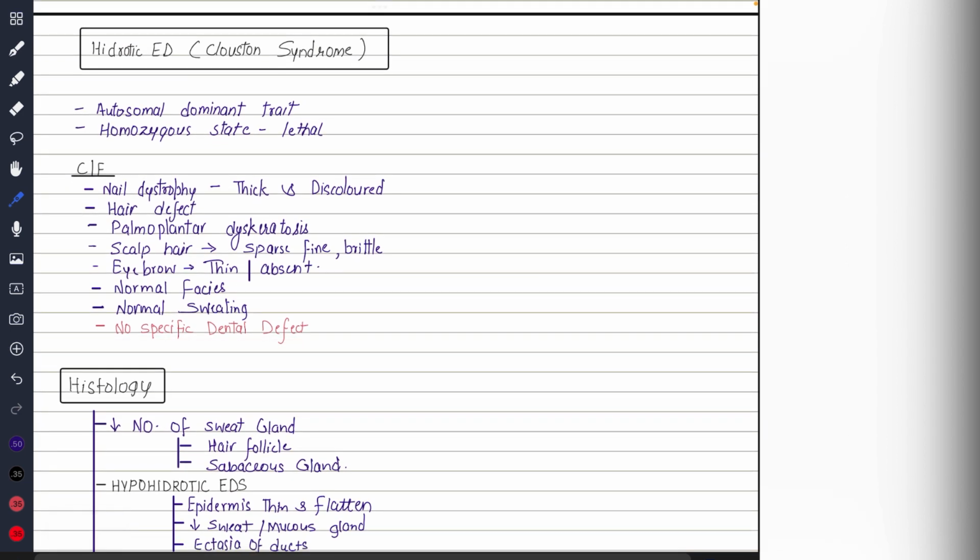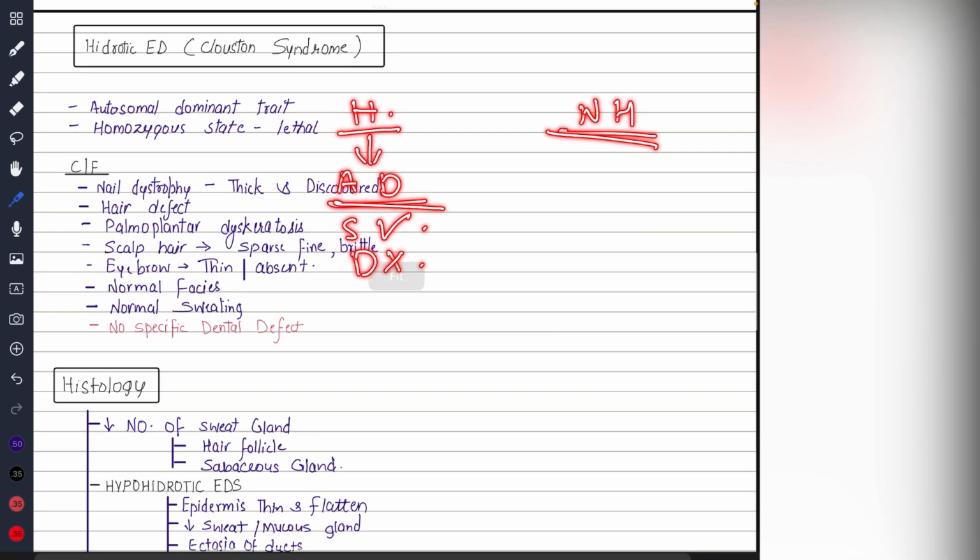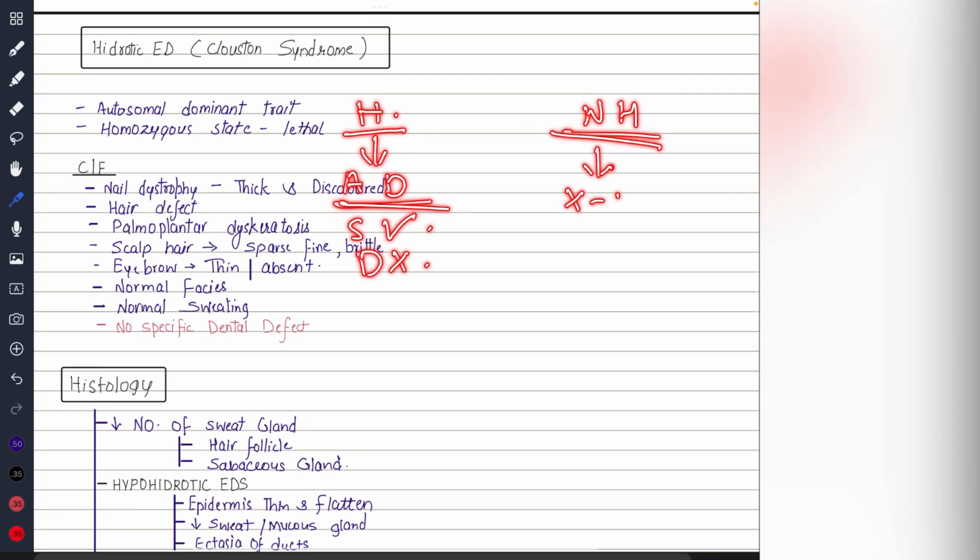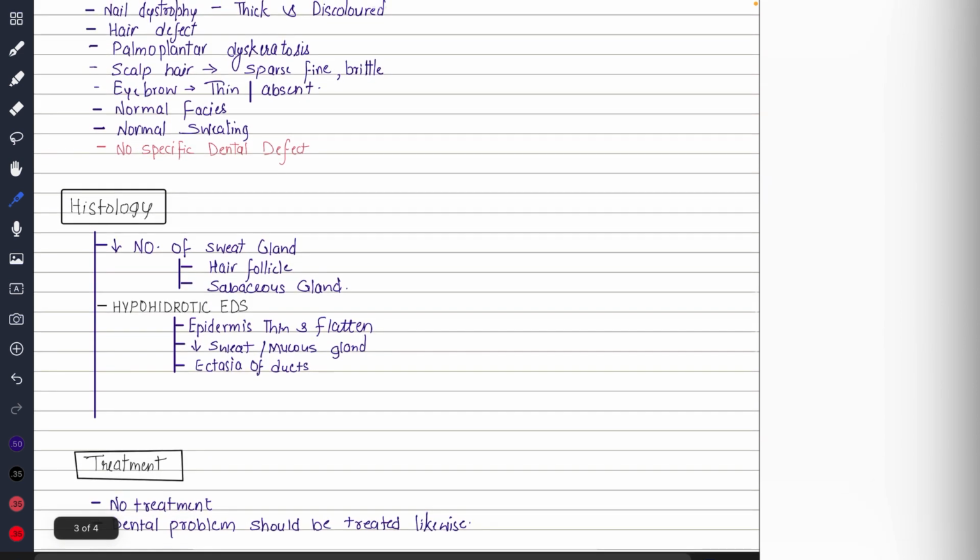So if you want to sum up hydrotic versus non-hydrotic: hydrotic is autosomal dominant, sweating will be present, no dental problem. In the non-hydrotic, it is X-linked recessive, sweating will be absent, and there will be dental problems. Very easy.